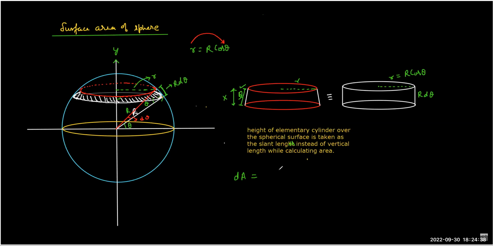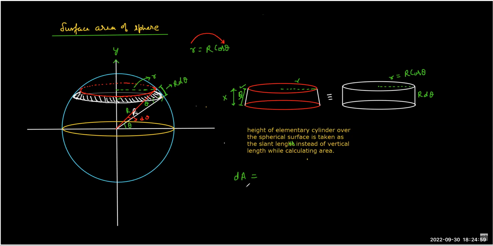Do you realize this? The width of the strip will be equivalent to the slant. Yes or no? Do you realize that the width of the strip is equivalent to the slant, not the vertical height?